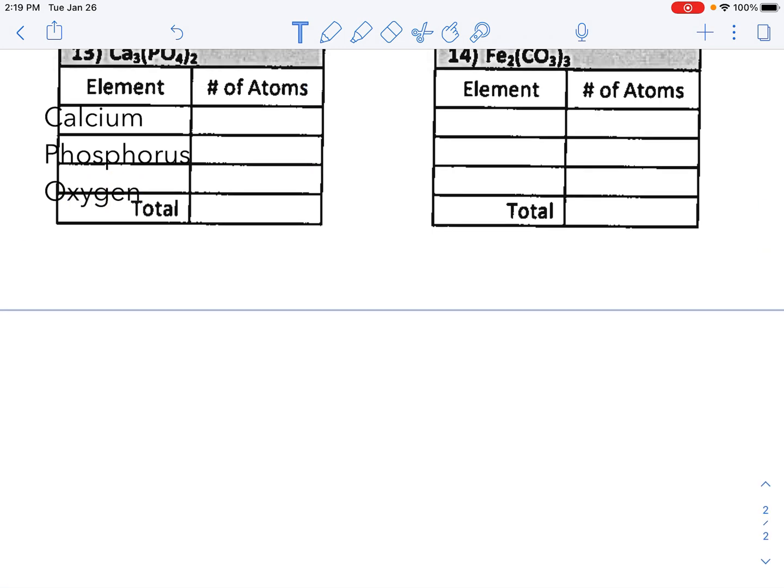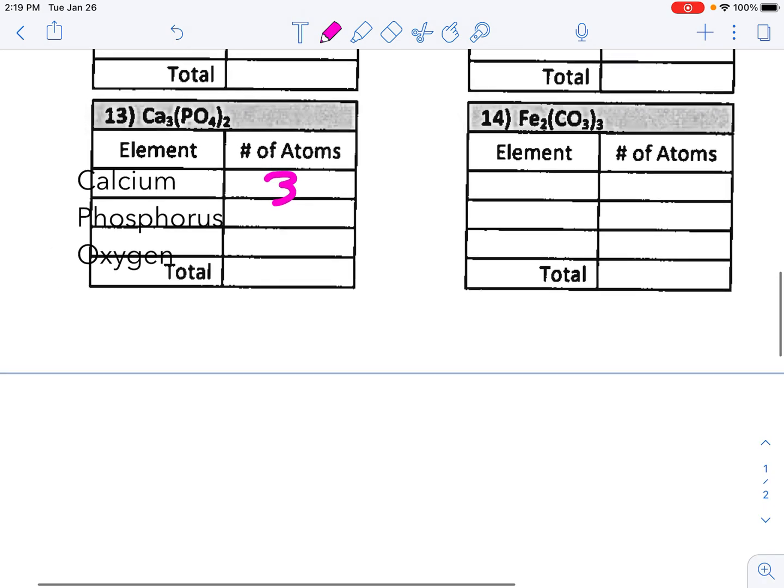When I look at it, calcium's outside, so it's going to have 3 because that's what's listed there. Now for the phosphorus, I have 2 P's because of this little 2 out here. It tells me that I have 2 of everything inside, so I'm going to have 2 P's.